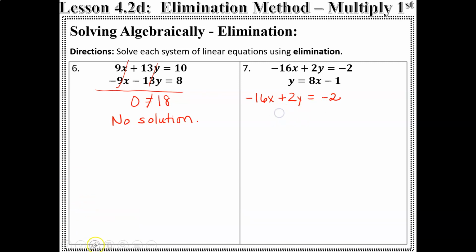I'm going to add 16x. So I have 2y equals 16x minus 2. Now I'm going to put the other one right underneath.